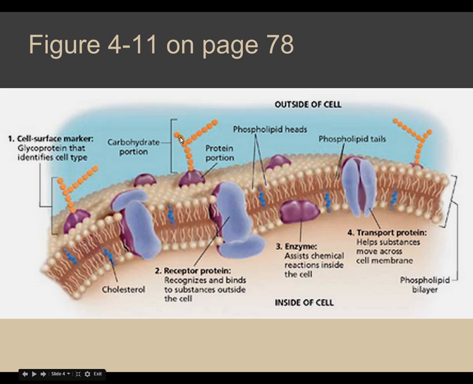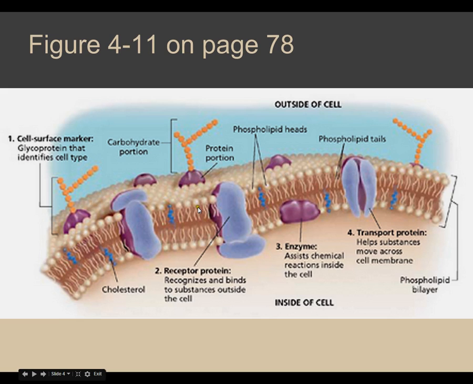In the last chapter, we talked about carbohydrates and that they're made of simple sugars. So look, even these little things look like they're little hexagons, right? Because carbohydrates make rings with their carbon atoms. So these carbohydrate tags identify the cell, and they're attached to a protein that is embedded in the cell membrane.